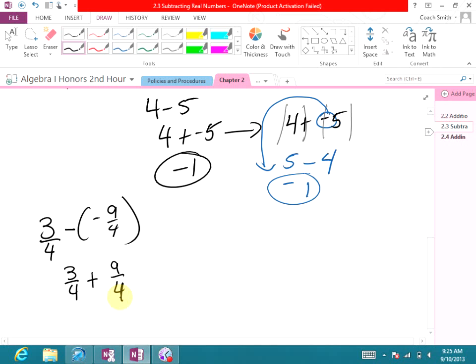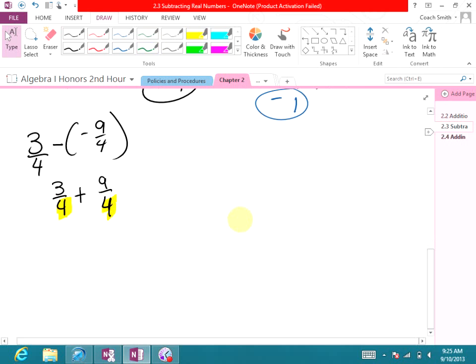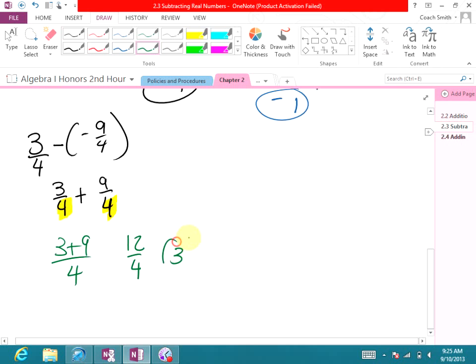Obviously I already have common denominators, the bottom number is already the same. So all I have to do is take 3 plus 9 on top over 4. And what is 3 plus 9? Matt? 12. So that's 12 over 4, which is 3.